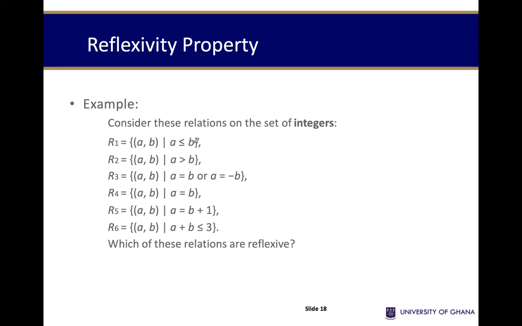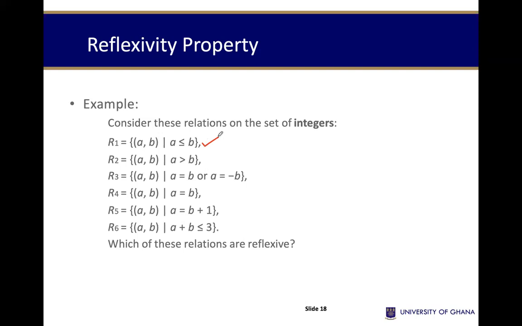Because anytime I pick A, it can be any number at all, 0, 1, 2, 3 to positive infinity, or A can be negative 1, negative 2, negative 3 to negative infinity. Then B can also take the same value. Or the A value might be less than the B value. Because I'm seeing equality there, I can easily conclude that R1 is reflexive.